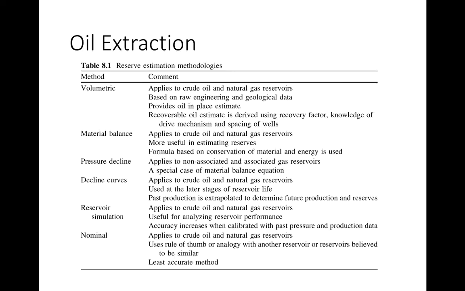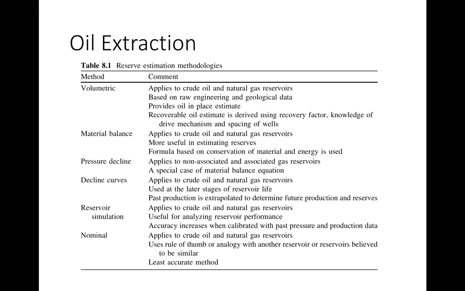A more common one is the pressure decline. This is used mostly in non-associated and associated gas reservoirs. In this case, basically you're measuring how fast the pressure is changing at the exit, and that will tell you more or less how much gas is available in that deposit. For crude oil, a similar measurement is the decline curve.